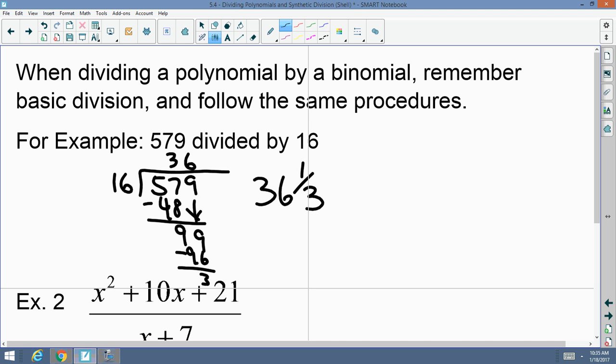Now you may be looking at me like, why is he doing this? Let's actually break this down. We asked, how many times does 16 go into 57? We said it went 3 times. Didn't we subtract the product and then move on? Then I asked, how many times does 16 go into 99? I said it goes in 6 times. Didn't I subtract the product? And then I had this left over.